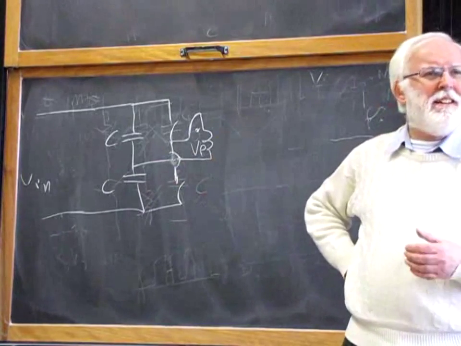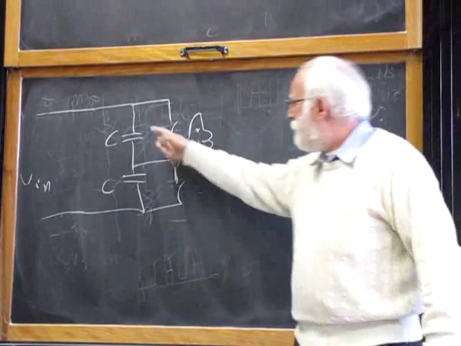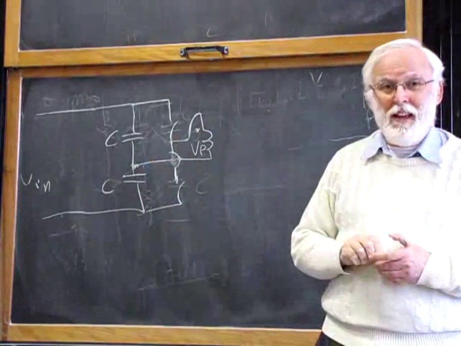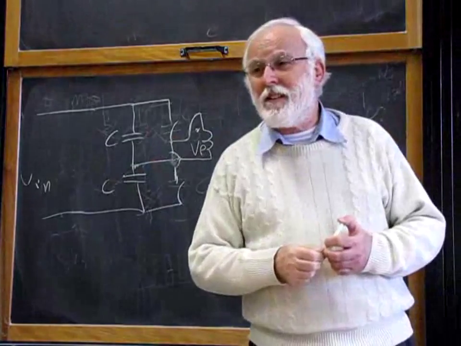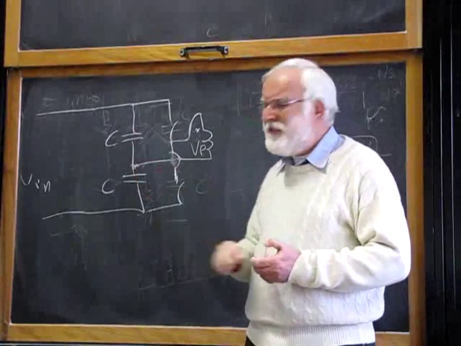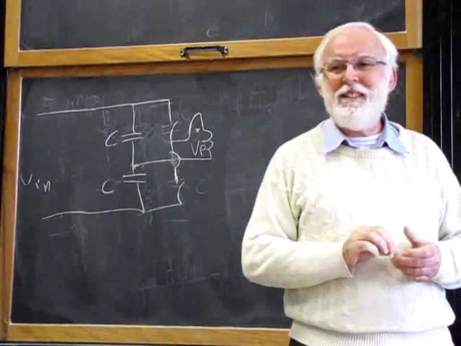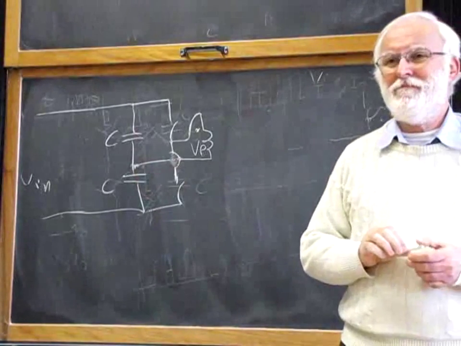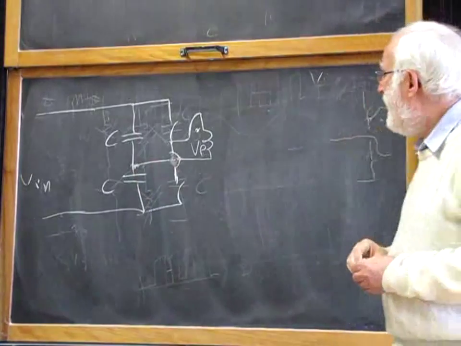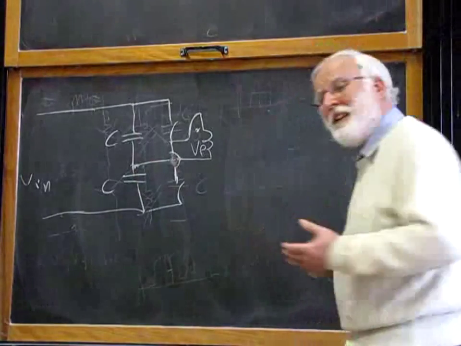Let's work. You had suspicions that the two capacitors in series give you a floating node over here. You had the idea that you have no DC connection to the rest of the world. Does it work? Yes, it works. It works because it is exactly the same story.